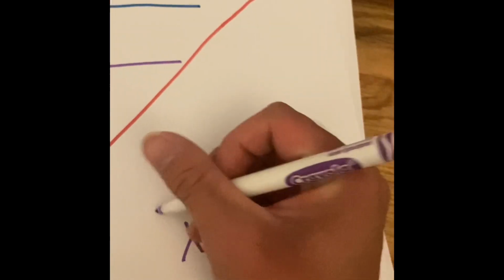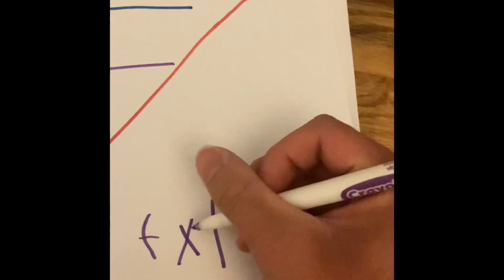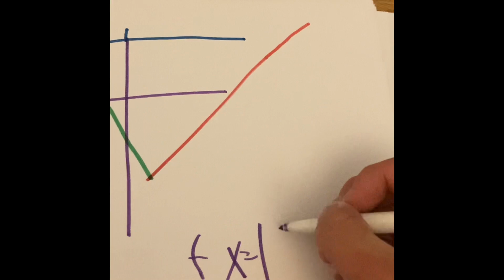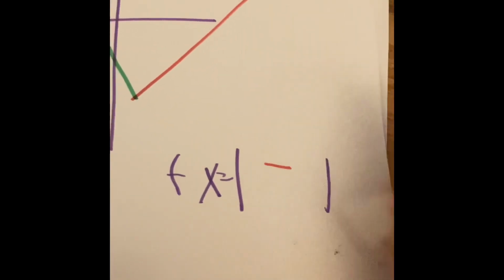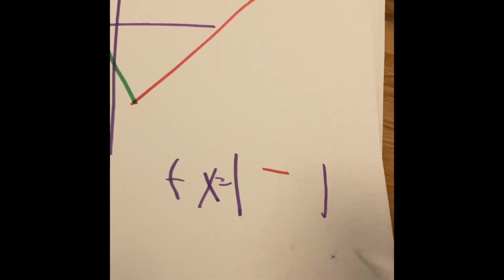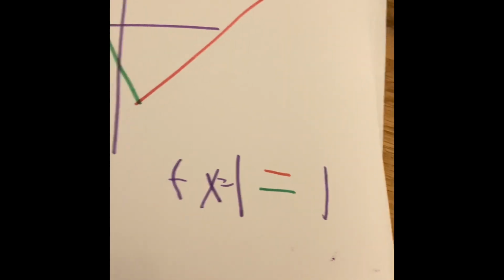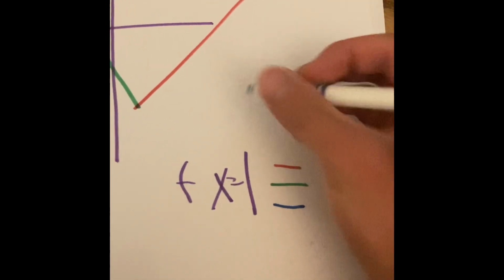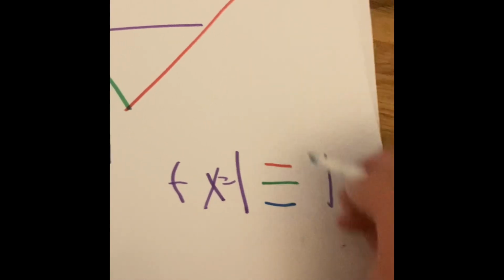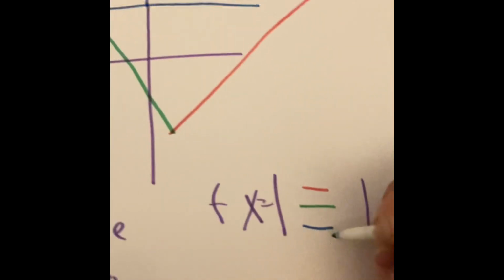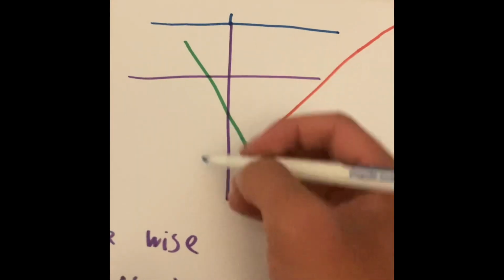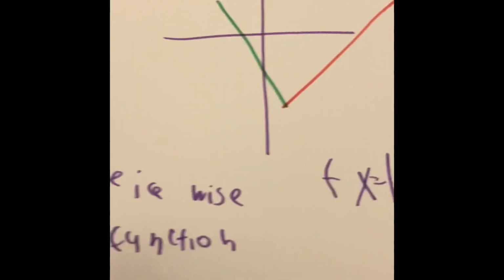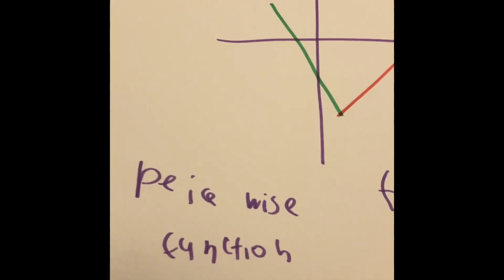So we will say that f of x is going to equal the slope of the red line, the slope of the green line, and the slope of the blue line, because its ability is to calculate more than one slope or function at a time. Here's an example of a piecewise function.